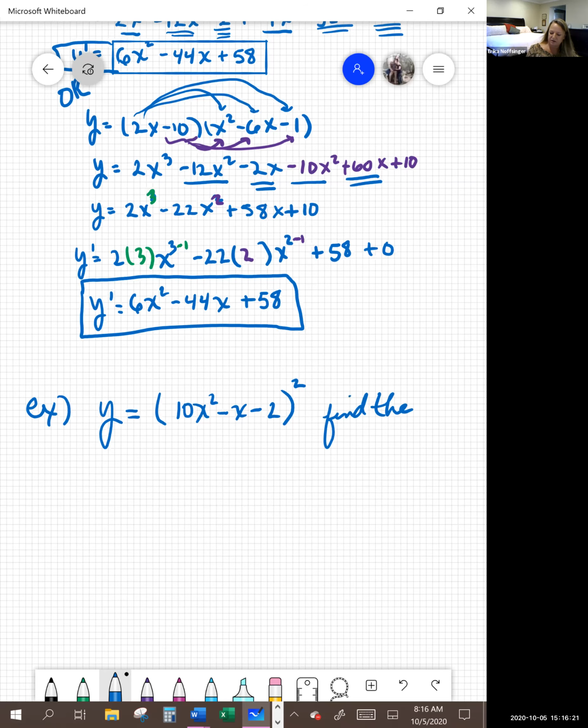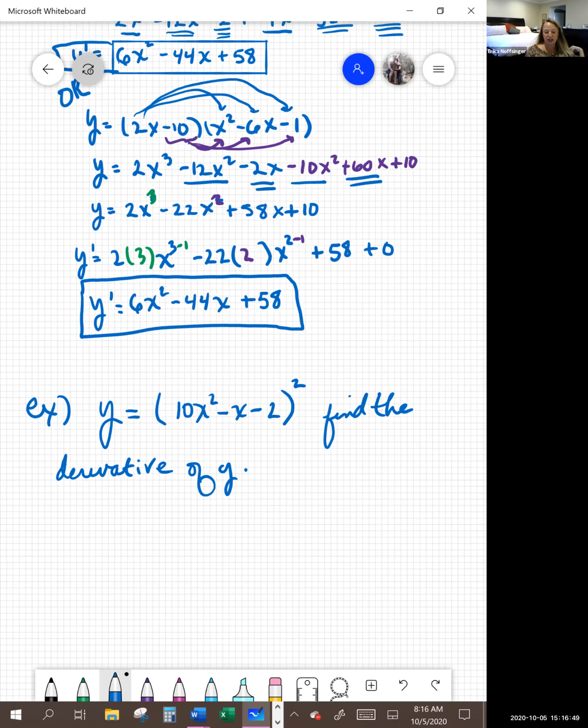Find the derivative of y. Okay, so hopefully by the end of the day, you guys can use the chain rule, which is a new method that I'm going to show you, or technique.